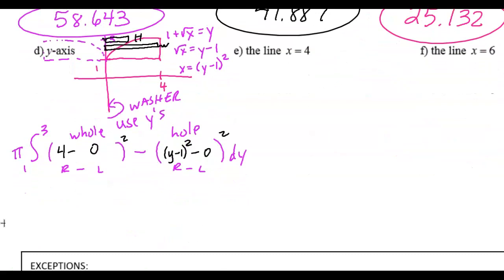Okay, so go ahead, and when you put it in, you're still just going to put in x's in the calculator. So 1 to 3, 4 squared, so 16 minus parenthesis x minus 1 to the 4th power.